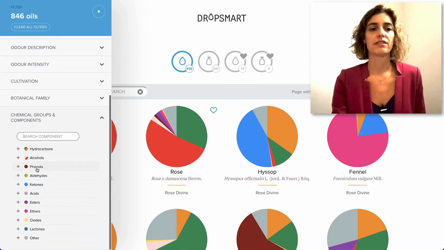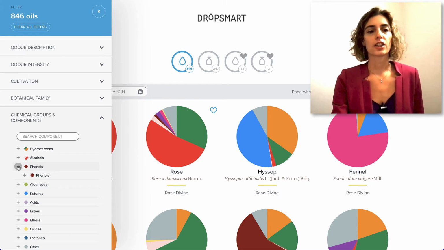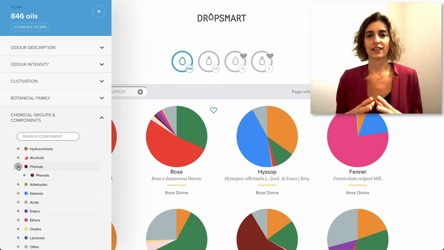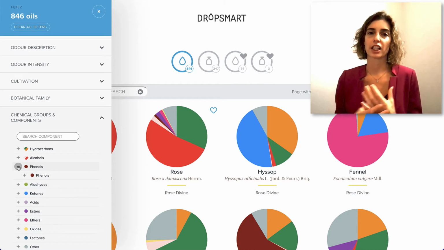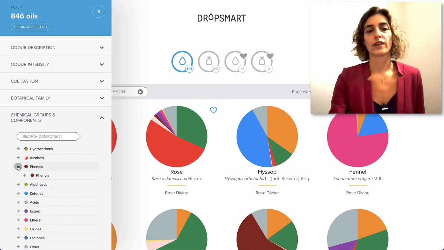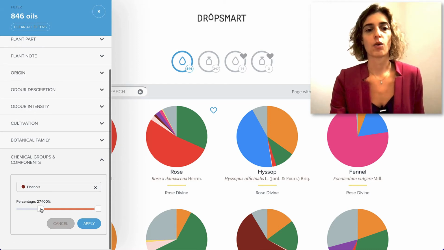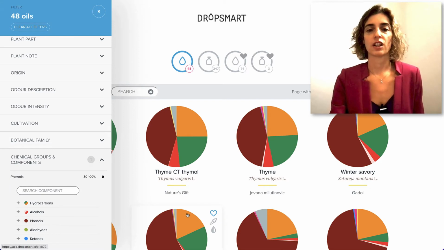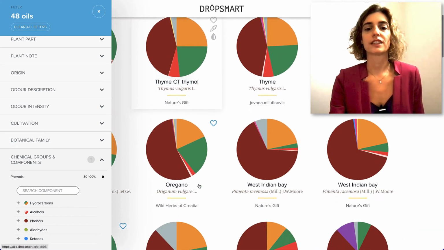Next are phenols. Phenols are known for their benzene ring, and here you have to be careful for their safety. So let me just show you that. Oils that have, in my opinion, over 30% of phenols or even less, you should really watch out for them.